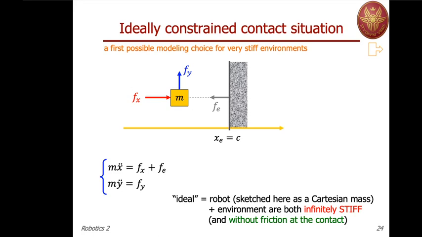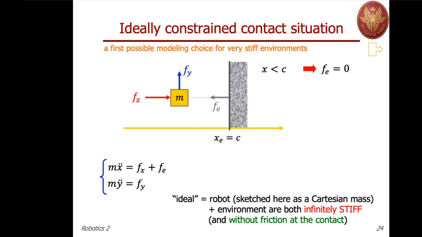Now, the model that you see on the bottom would be the model when we get in contact with the environment. And we have indeed two types of situations. The first situation is when x, the position of the mass along the x direction, we don't care about y in this case, is strictly less than c.